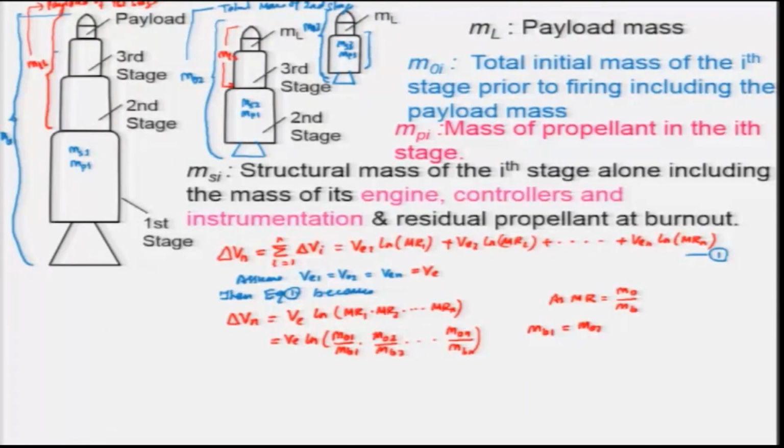So, we will assume that this will cancel out, you can do that, and that is equal to delta Vn is equal to VE ln m naught 1 divided by mbn, and that is equal to, you can write, VE ln m naught 1 divided by m0(n+1).